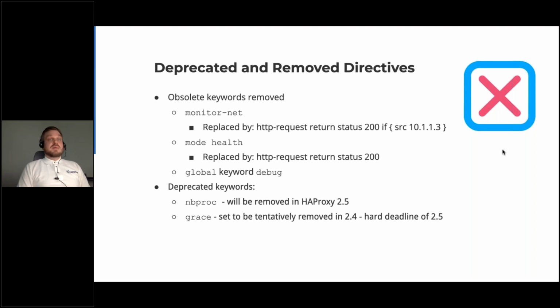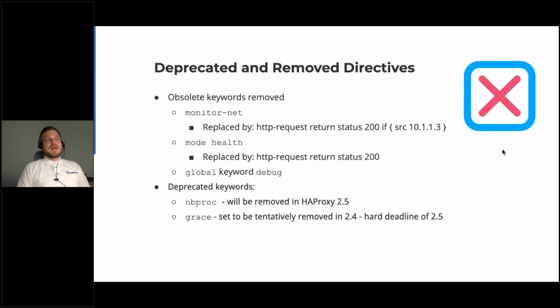The first is nbproc, which is scheduled to be removed in HAProxy 2.5. All users are recommended to move to threads. And if you have any concerns about that, you might want to voice them on the mailing list, but it's highly recommended that you start moving to threads if you haven't already.